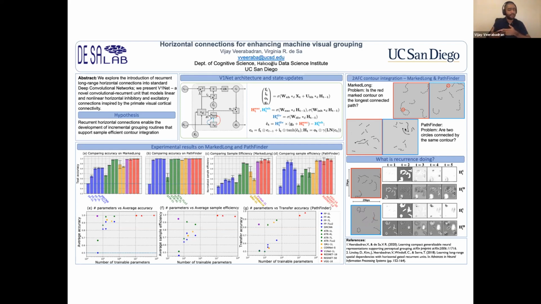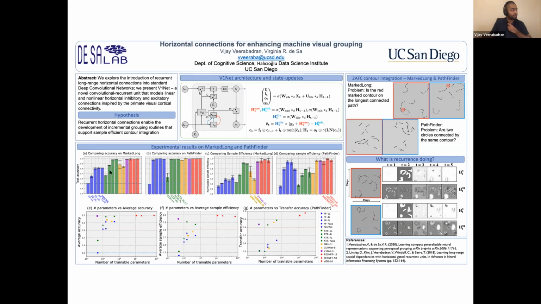Just to recap, we have this horizontal connections model that we're going to evaluate on these two visual psychophysics-based binary classification problems that we know humans are really efficient in solving. For this comparison, we systematically compared this V1net model with 15 other feed-forward and recurrent architectures.